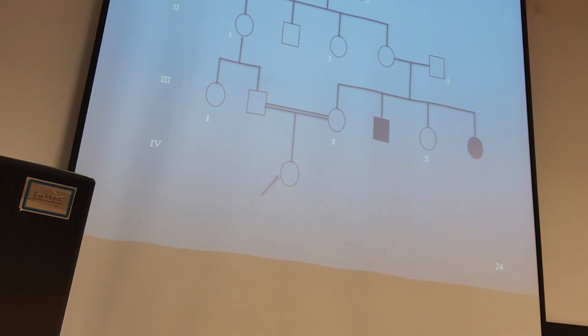The affected status of each individual: this individual is affected, this individual is affected also. When we want to talk about an individual in the pedigree, we address each individual by the number of the generation and the number of the individual in that generation. What's the address for this individual? 3, 4.